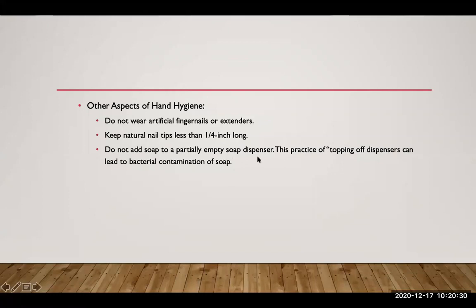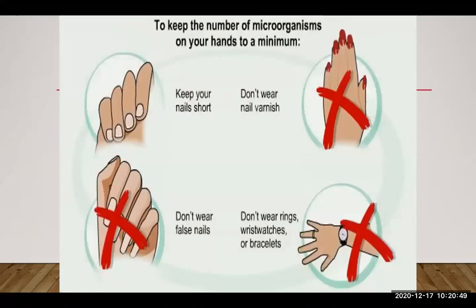That's what people do when the soap dispenser already contains some amount of soap. Adding new soap, topping off the dispenser, can result in bacterial contamination. So that practice should not be followed. So keep your nails short, do not wear nail varnish or polish, or false nails. Don't wear rings.